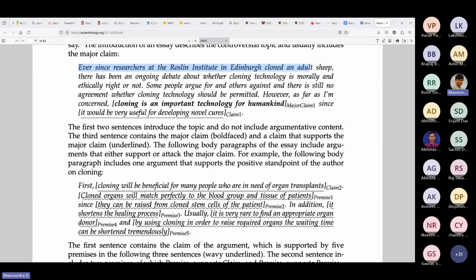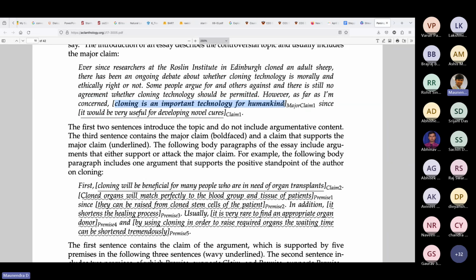ongoing debate about whether cloning technology is morally and ethically right or not. Some people argue for and others against, and there is still no agreement whether cloning technology should be permitted. However, as far as I am concerned, cloning is an important technology for humankind, since it would be very useful for developing novel cures. So here, this is an argument, this is a claim: cloning is an important technology for humankind.